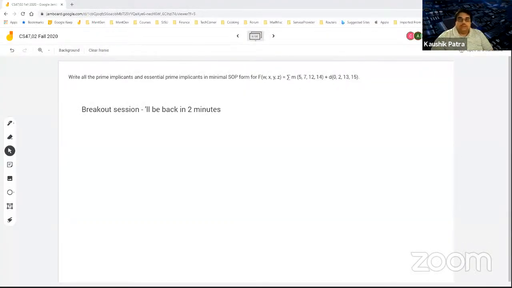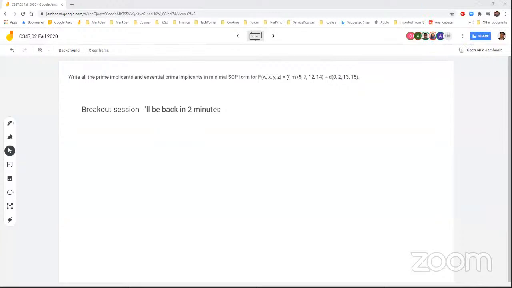So in this problem, what we are trying to do is deal with the don't care term. And as we all know, don't care means we can use those terms if needed for my reduction process. So we'll start by drawing the K-map.